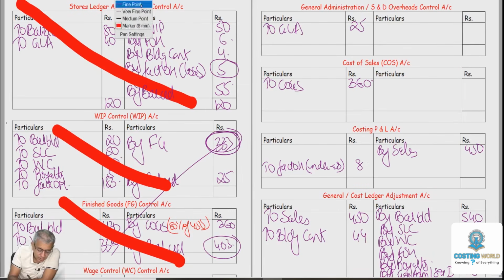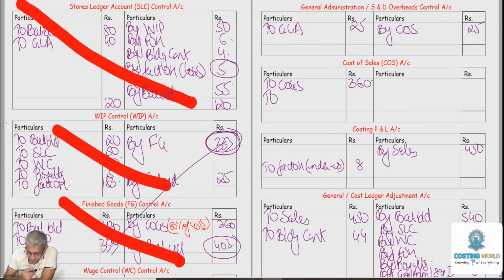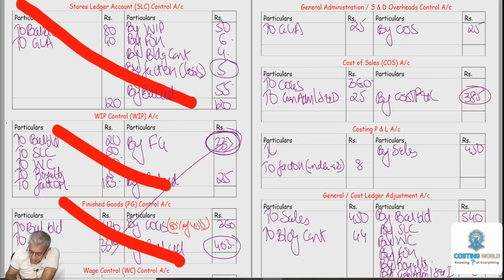Okay. Now next, tell me, from this particular account on the credit side, where should I take it? COS. So therefore general admin and S&D 25. This will be going to your costing P&L account. 385 to cost of sales, 385.